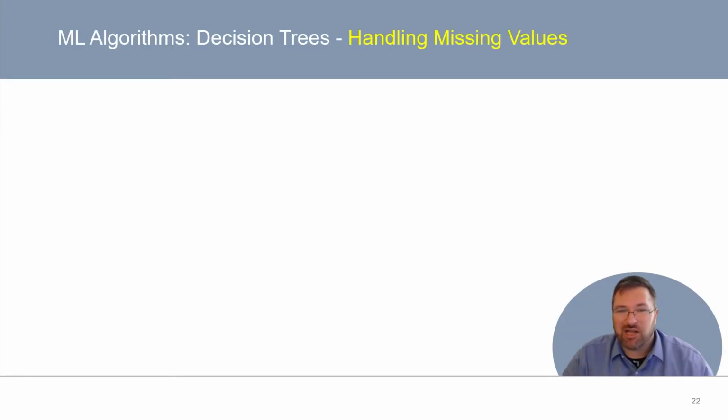Moving on to our last challenge, let's briefly talk about handling missing values in a decision tree. Notably, the decision tree implementation in scikit-learn cannot handle missing values, so either features or instances with missing values will need to be removed, or the missing values would have to be imputed ahead of time. But some other implementations of a decision tree have been set up to handle missing data.